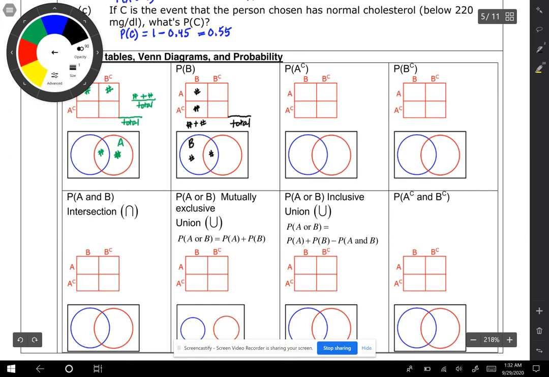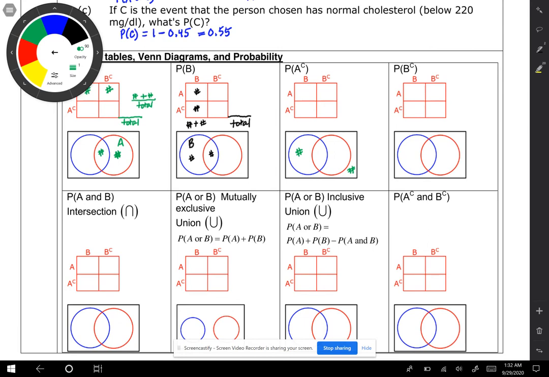Okay, so for the next one, the probability it's not A would be over here, because we already know the A circle is on the right. And it would also be right there, because anything outside the two circles would not be in either of them.